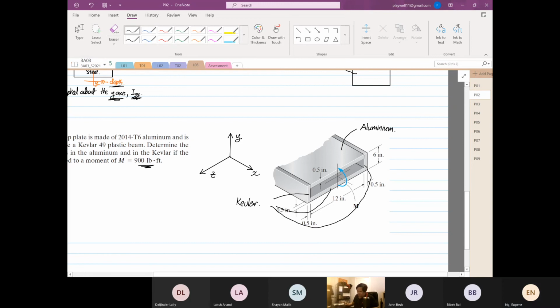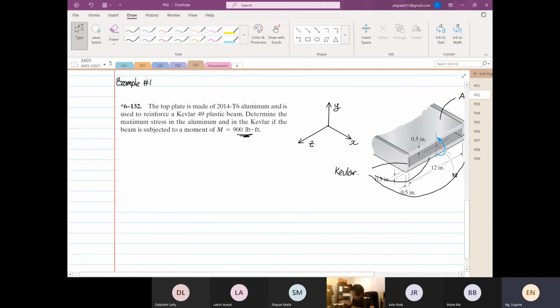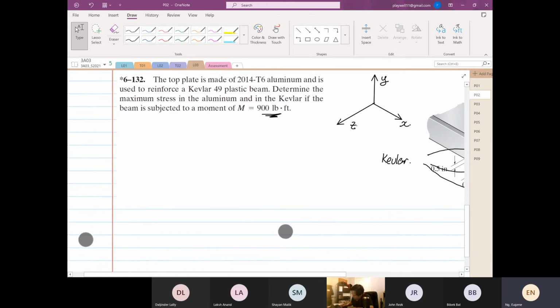Okay. So we have to find the information that I will provide if this question were to come out, which is that the Young's modulus of aluminum is equal to 10.6 times 10 to the power 3 psi. Okay. Whereas Kevlar, okay, is a stiffer material, 19 times 10 to the power 3 psi.